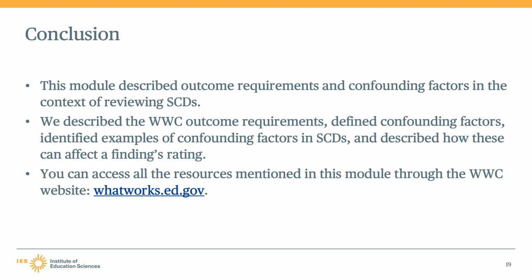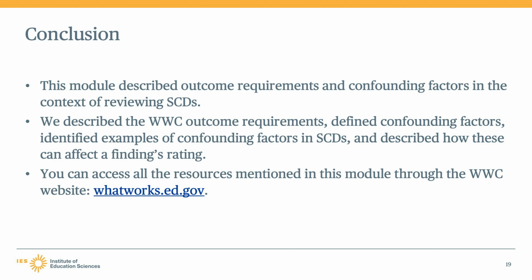This concludes our module on outcome measures and confounding factors relevant to single case designs. Let's review what we discussed in this module. We described the WWC outcome requirements as they pertain to single case designs. We defined confounding factors and identified examples of confounding factors that may arise in single case designs.